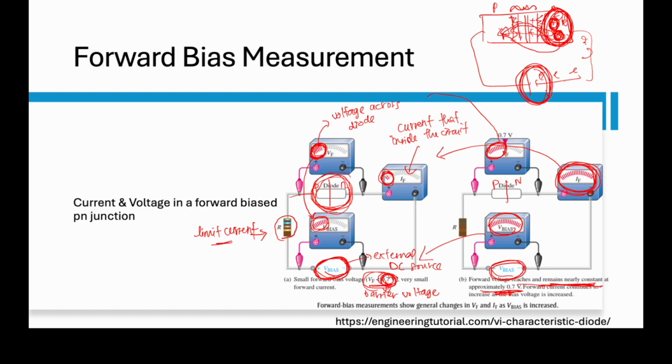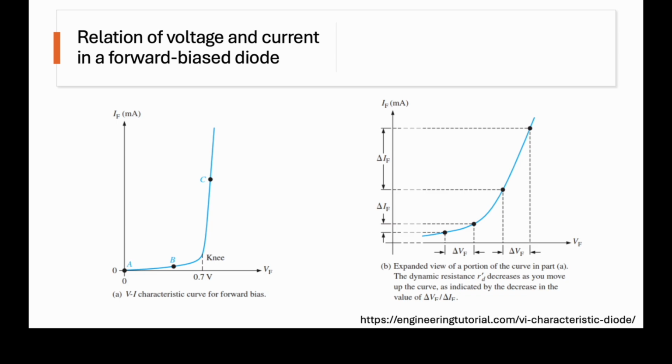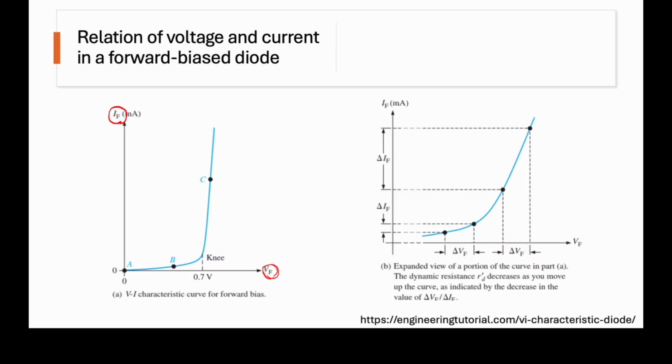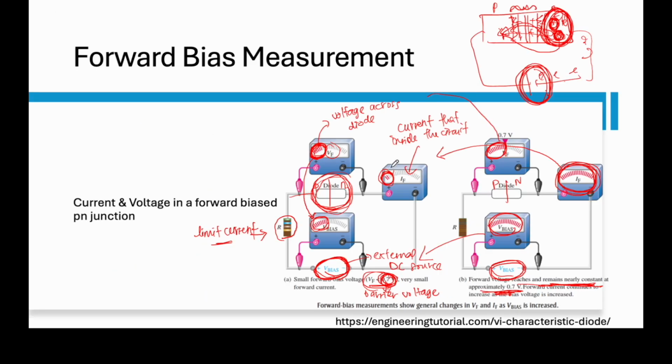If we draw the IV characteristic, which is the value of the current against the value of the voltage across the diode, VF, we can see that before 0.7, there is current, yes, but it is a very small current.